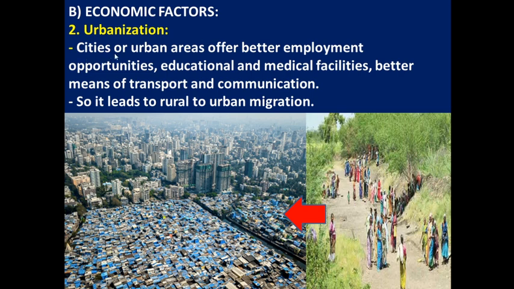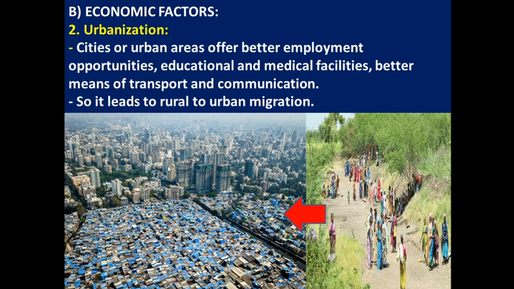As compared to rural areas, cities, towns, or urban areas of the world are offering better opportunities, in terms of employment opportunities, educational and medical facilities, and better means of transport and communication.